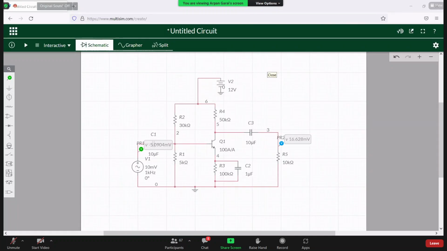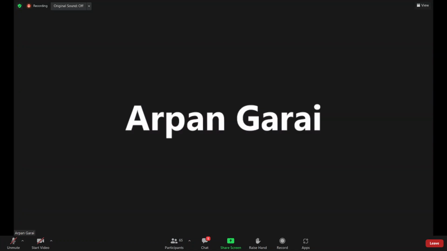Ankit Kumar, can you share your screen so that I can see the circuit? You do not have to change the value.